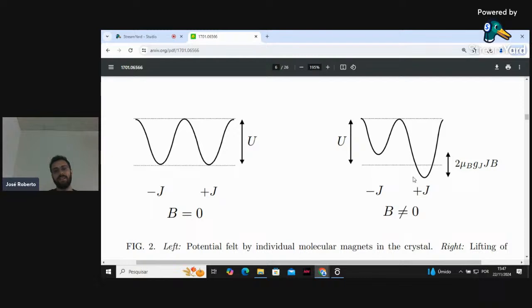You can see now that the most probable state in this case is the one with plus J, which is the state that aligns with the external magnetic field. But you still have this left well. The idea is that if you don't have enough thermal energy, for instance, if kT is way smaller than the difference between this local minimum and the overall global minimum, you can have magnets in this metastable state.